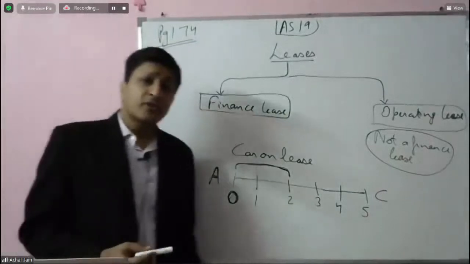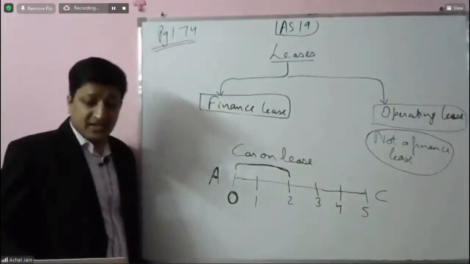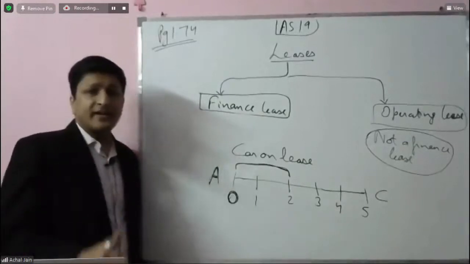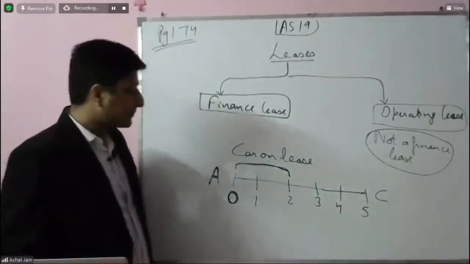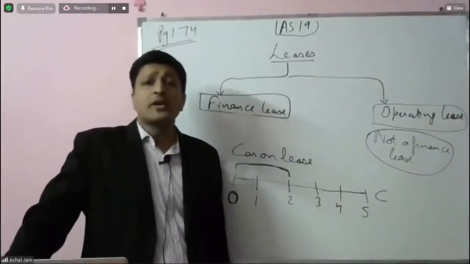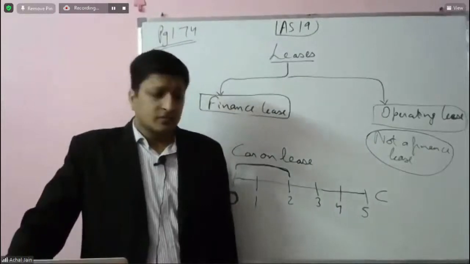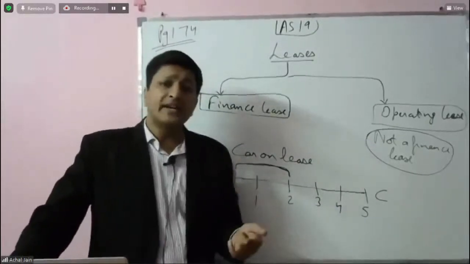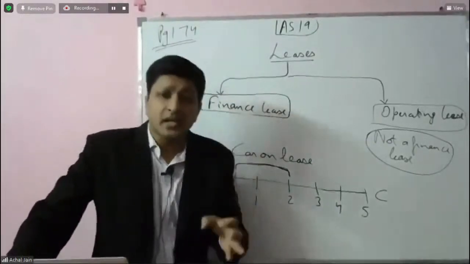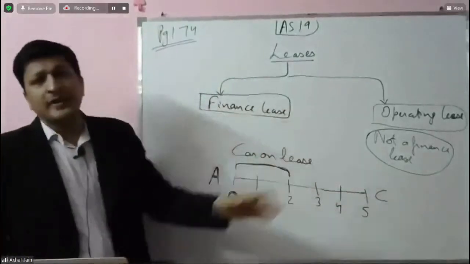During the course of your assessment, you have all been busy checking only one indicator, which is not appropriate. Please remember, we talked about 8 indicators. Yes or no? And over and above the indicators, we talked about the basic concept involved in finance lease and operating lease.